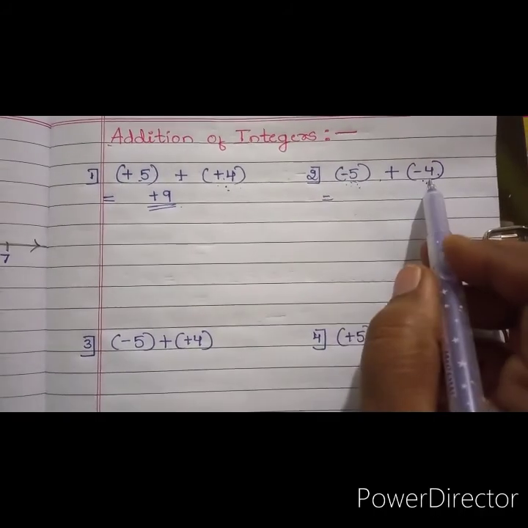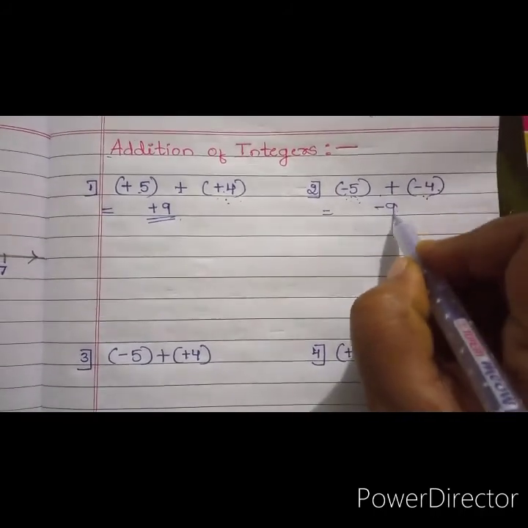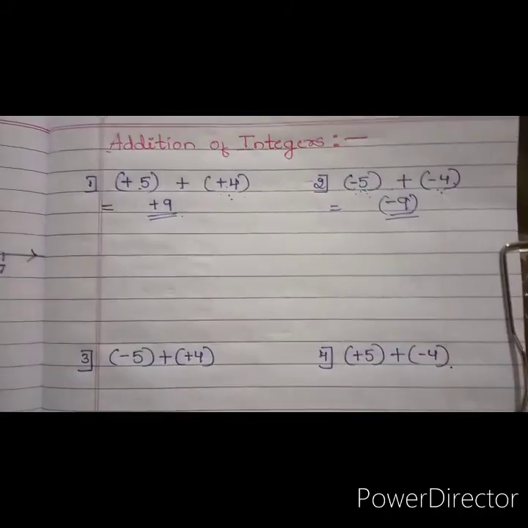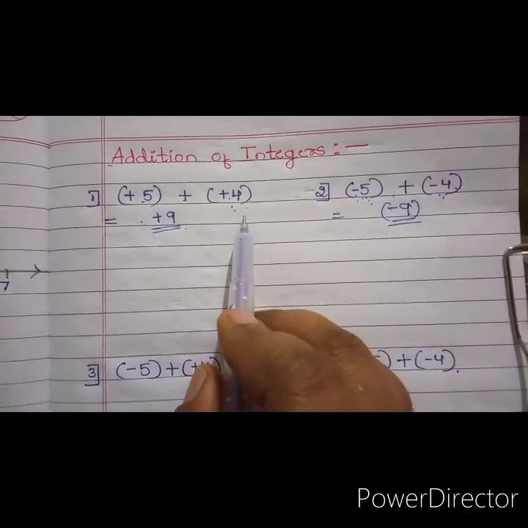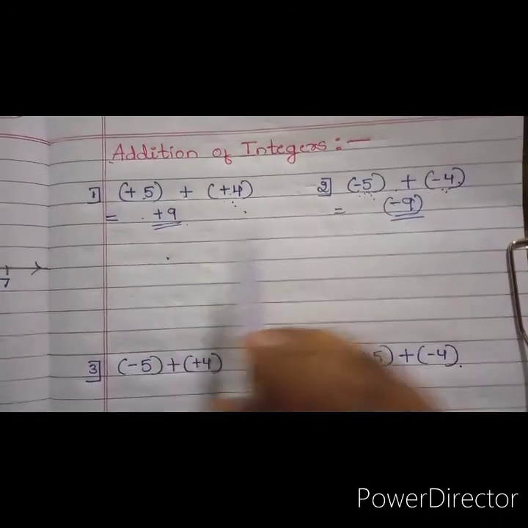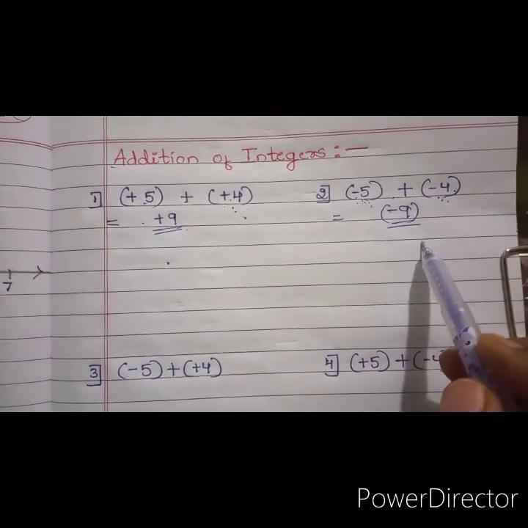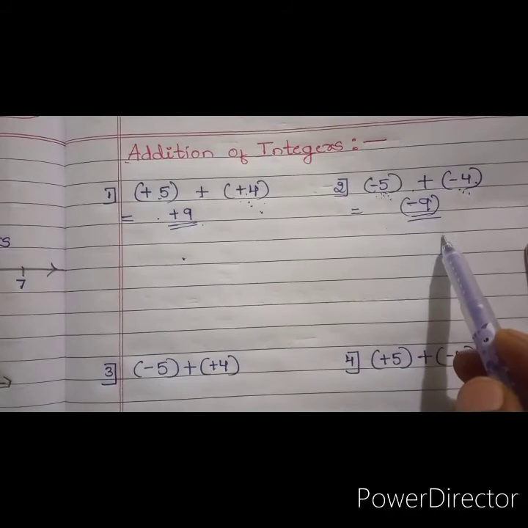So minus 5 and minus 4 is nothing but minus 9 is the answer. When these two are positive integers, we have to add. When two negative integers, then also we have to add the numbers.